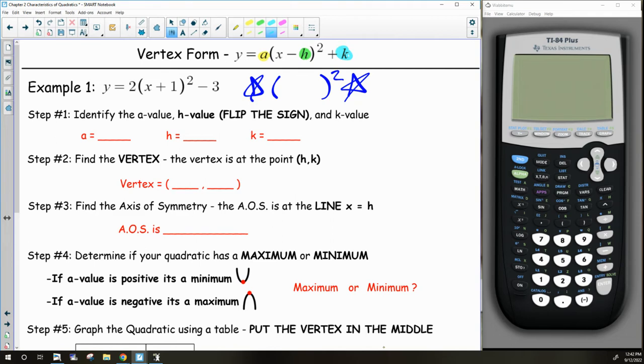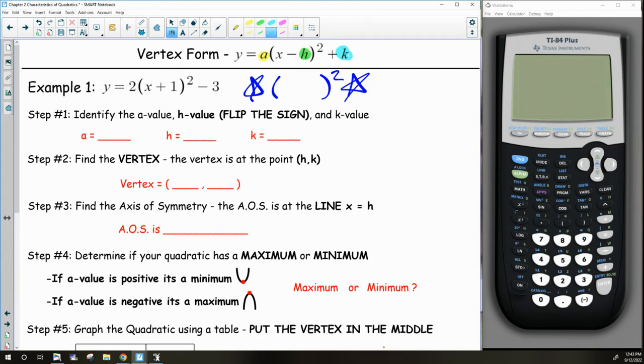Vertex form has 3 very important parts. It has an A value, an H value, and a K value. And right now, that means nothing to you. But these 3 letters, the A, the H, and the K, let us figure everything we could possibly want to know about this quadratic. So the first thing we need to do is be able to identify them so that we can use them and make our life really easy.